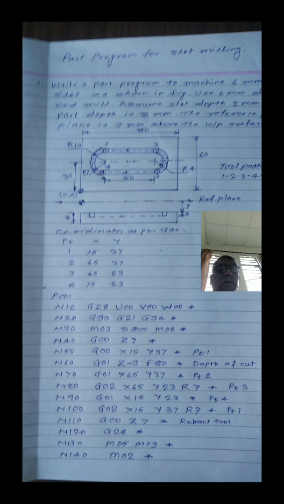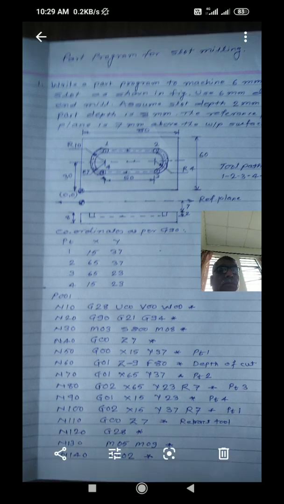First, the x coordinate. How will you find the x coordinate? The center distance between the arcs is 50 plus the outer radius 10 plus 5.